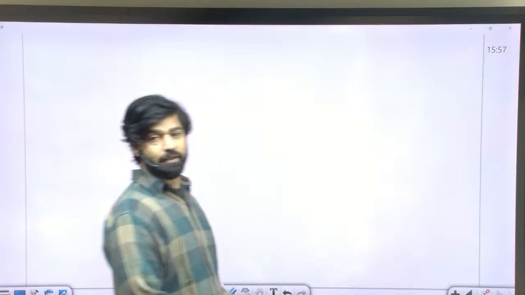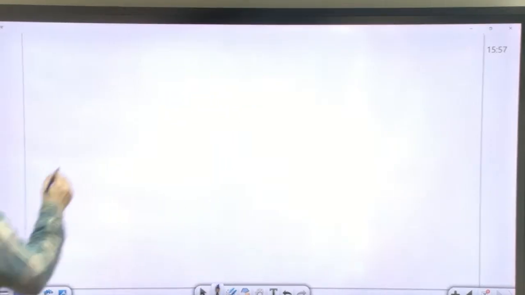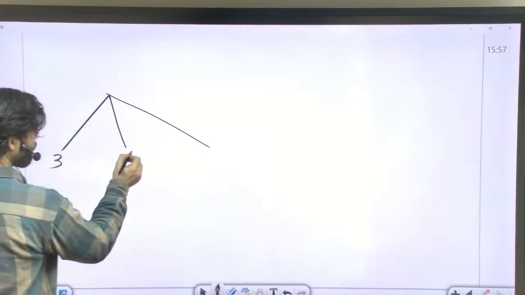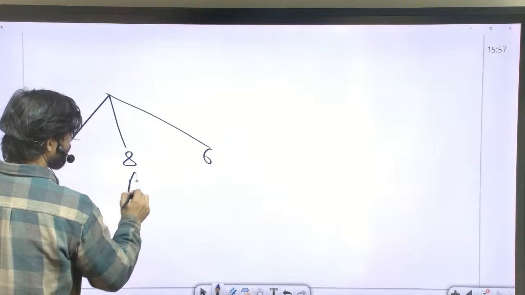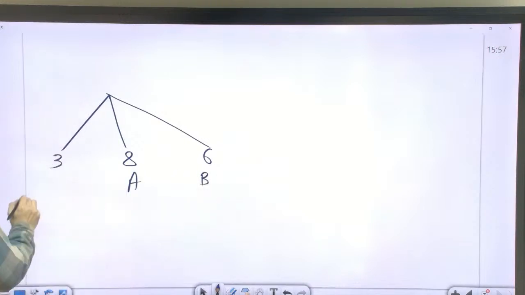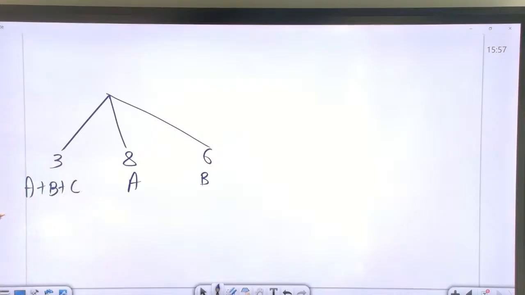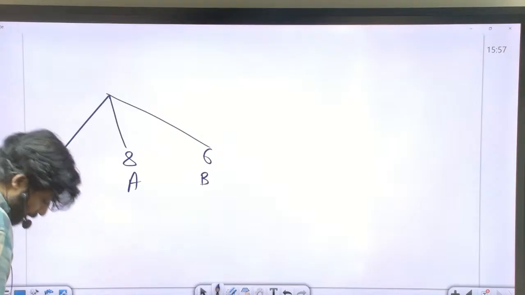A alone takes 8 hours and B alone takes 6 hours. So 3, 8 and 6. This is A, B, but this is A plus B plus C. This is the question. And now we have to find out the number of hours taken by C.